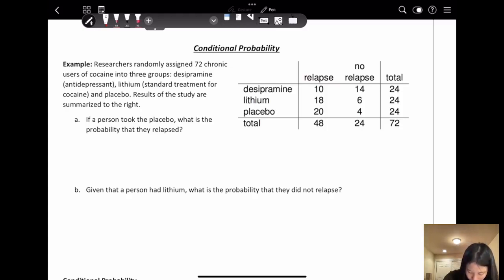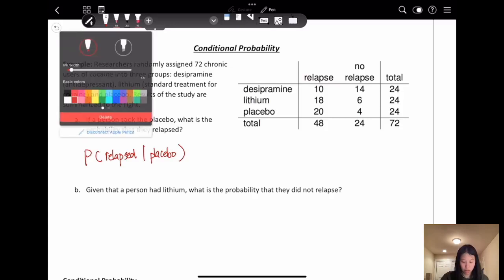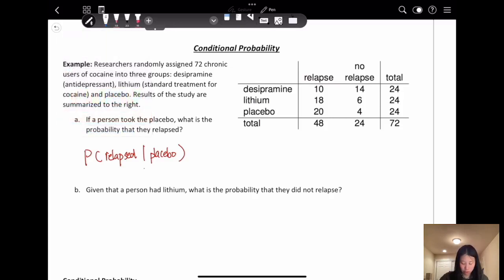So look, the probability of a person relapsing, given they took placebo. This sign means "given", this notation.